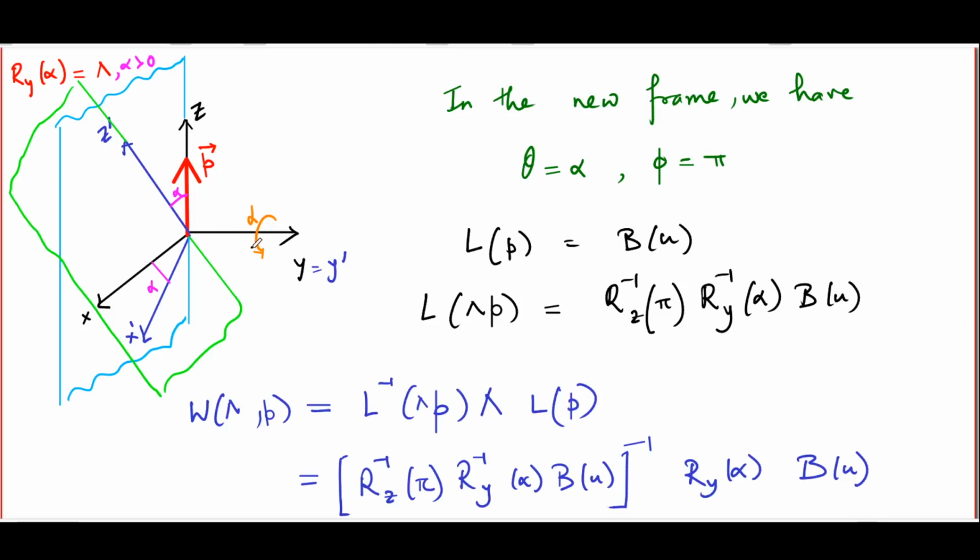Remember, we are considering passive rotation, so it's the coordinate system which rotates around. The vector p actually has not changed, it's still the same old one, but now notice that the x prime z prime half plane, which would give us phi equal to 0 in this new coordinate system, is the one shaded green.